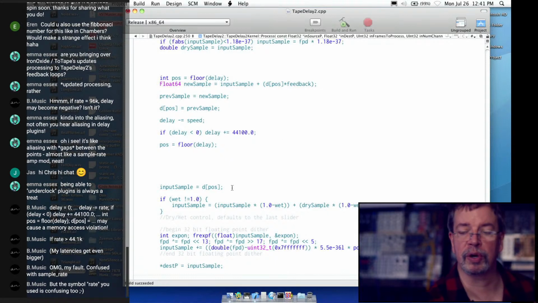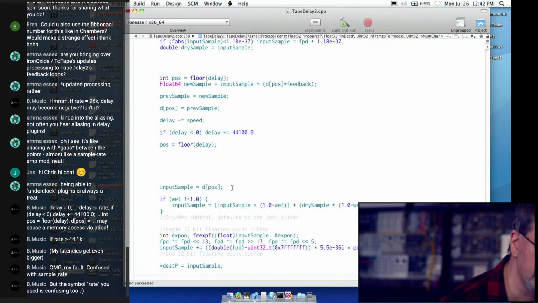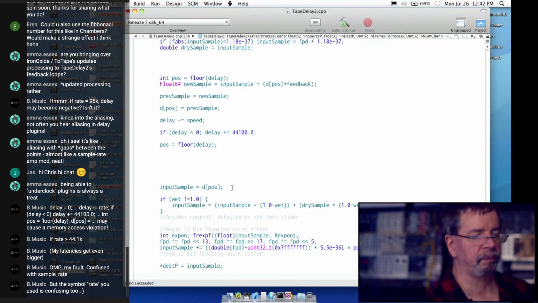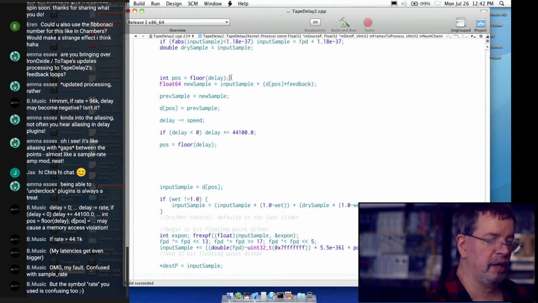That is the output, which is always going to be an instant in this interpolated thing. Pause equals for delay. That is the beginning of this process. New sample equals input sample plus dpause times feedback. That is also fine.